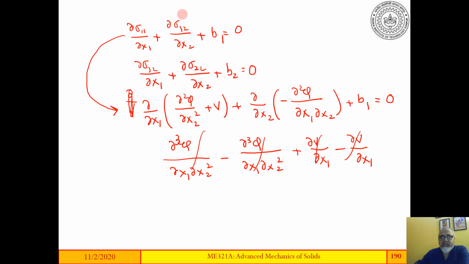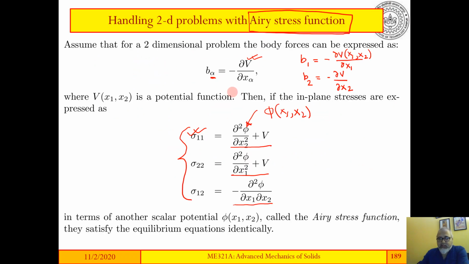So you can do the same thing to the second equation as well. It means that if I can express the stresses in terms of the Airy stress function, which I still don't know, but suppose there's a scalar function in whose terms I can express the stresses, then these stresses are going to satisfy the equilibrium equations identically.